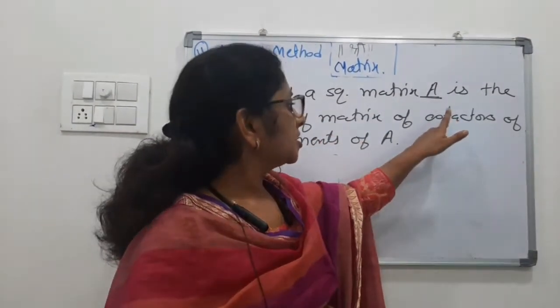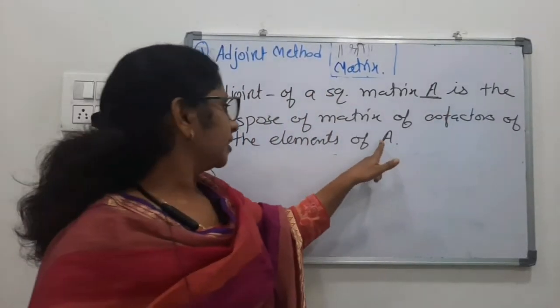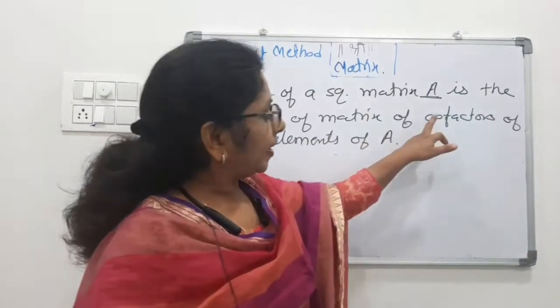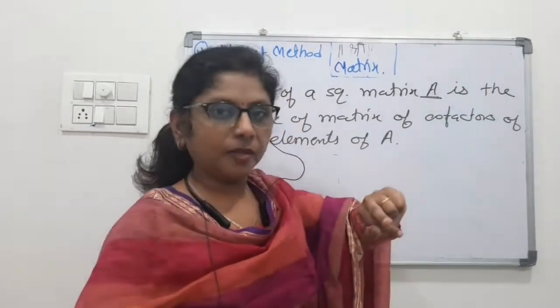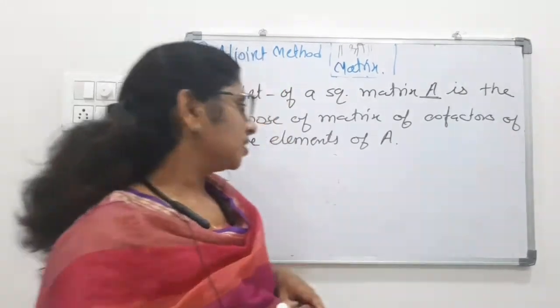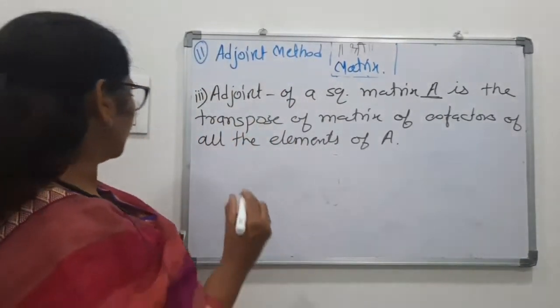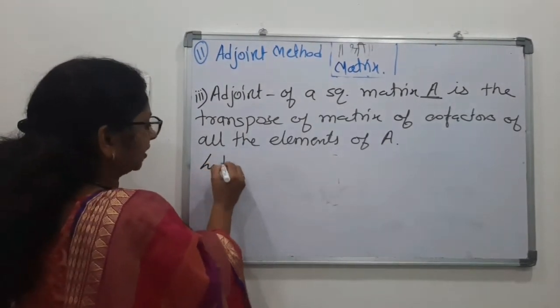It means we want the cofactors of all the elements of A. To find the cofactors of all the elements we need to find minors.